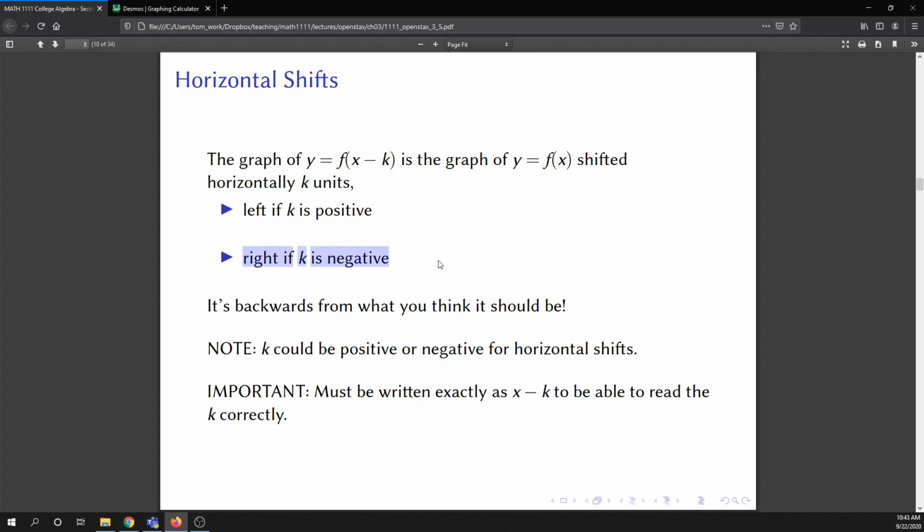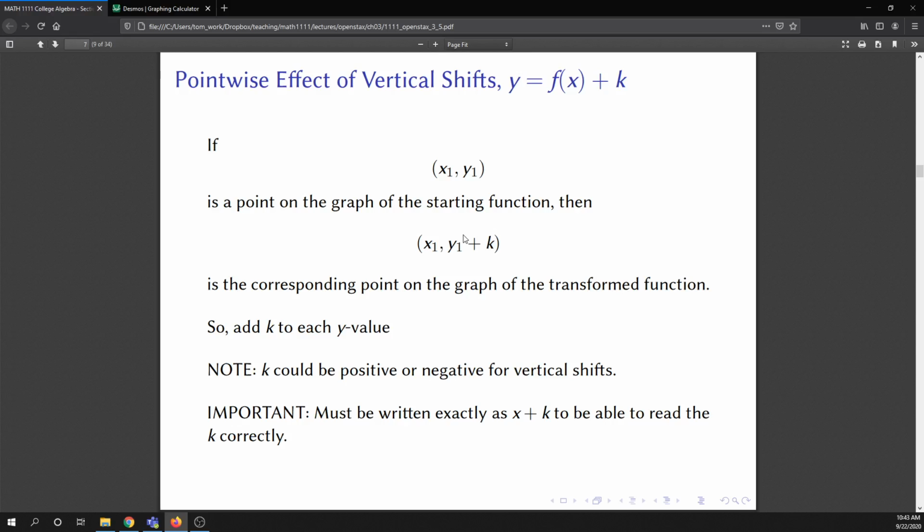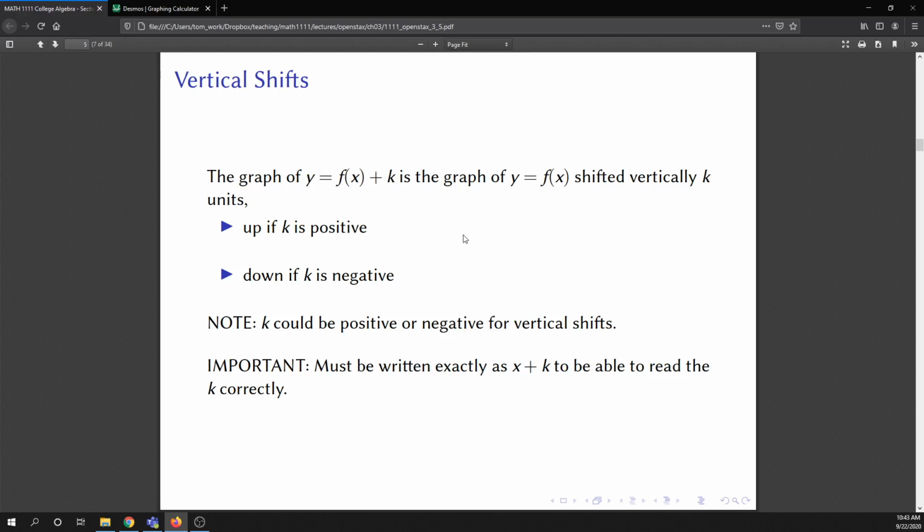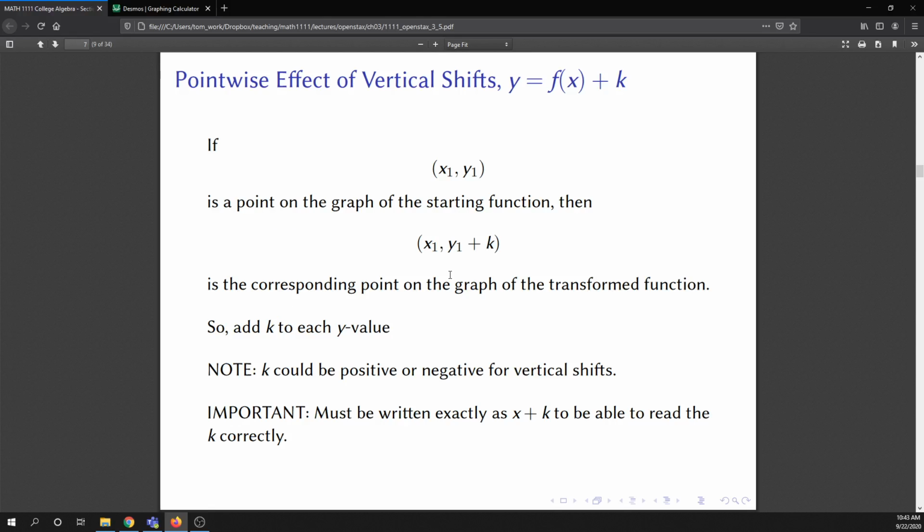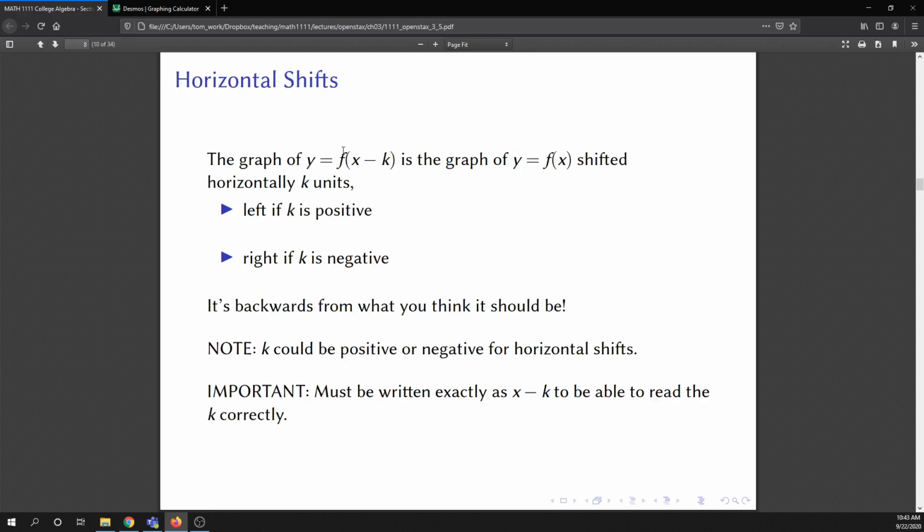negative. That's confusing to most people because it is absolutely backwards from what you think it should be. When the vertical shift, when you're adding the number on the outside, positive is up, negative is down, that makes sense. But here, when you're looking at horizontal shifts, it is backwards. Now, the way I've written this one, it is critical that you write it as x minus a number.